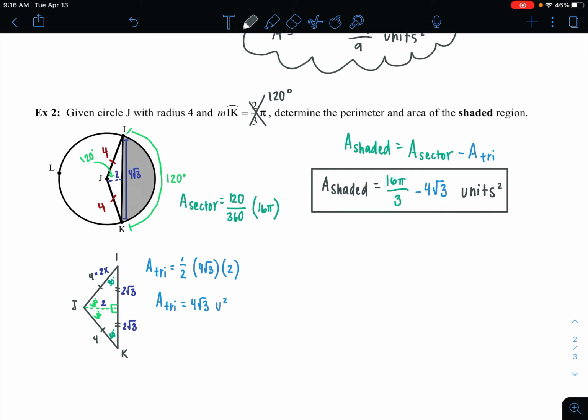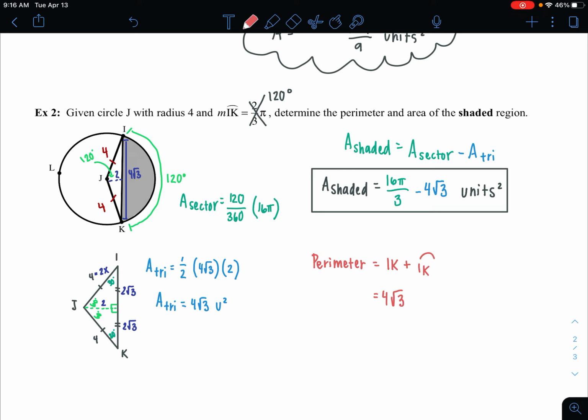So now what we need to find is our perimeter. So in order to find the perimeter, we need to add IK, so the distance between IK, plus the measure of arc IK. Well, we know that the distance of IK, we just solved it in our triangle, is 4 root 3.